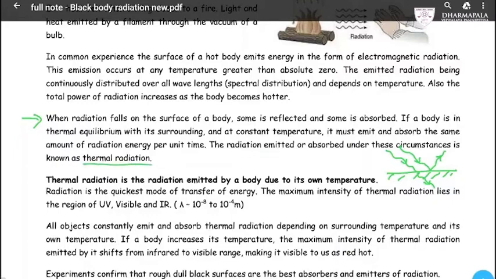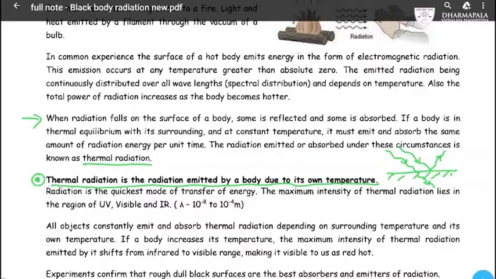So we can define thermal radiation as the radiation emitted by a body due to its own temperature. Due to its own temperature, objects can emit electromagnetic waves. Those are known as thermal radiation. And with the increase in temperature, the amount of radiation emitted by the object also increases.